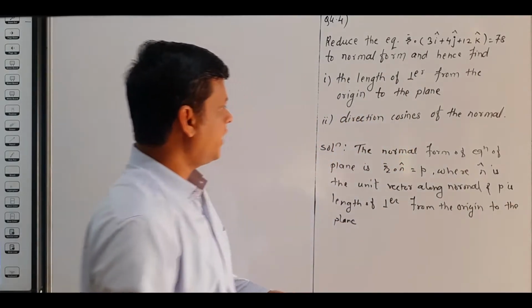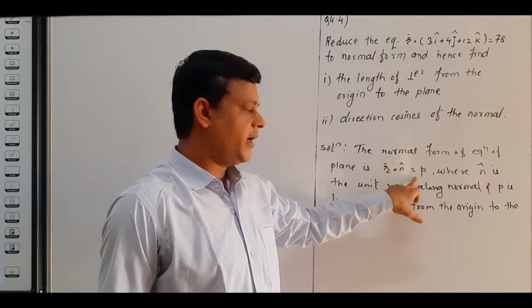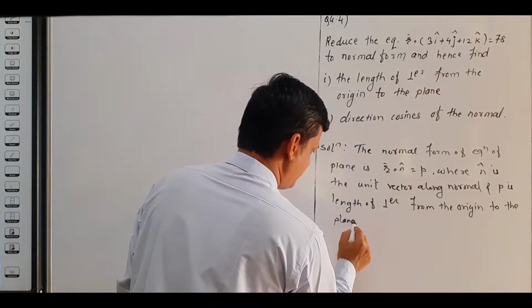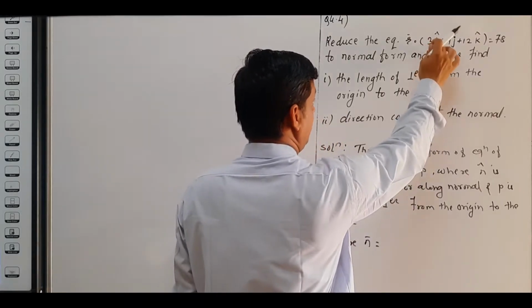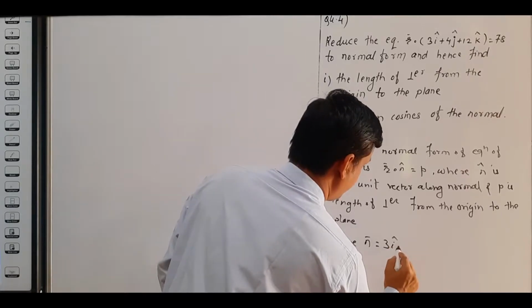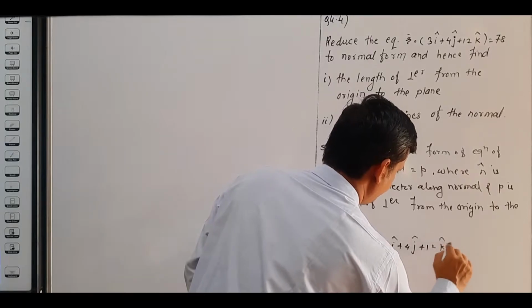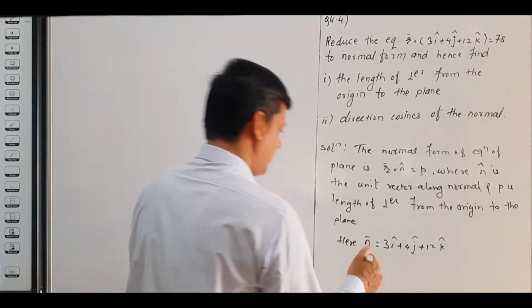That means we have to reduce this given equation in the form of r bar dot n bar equals to p. So in this given equation, we write n bar equals to 3i plus 4j plus 12k. So from this we first find the magnitude of this normal.